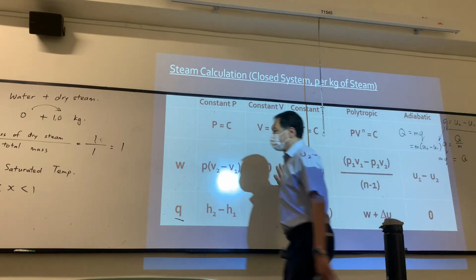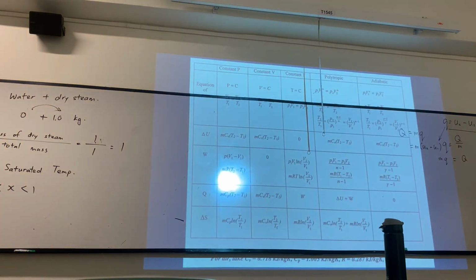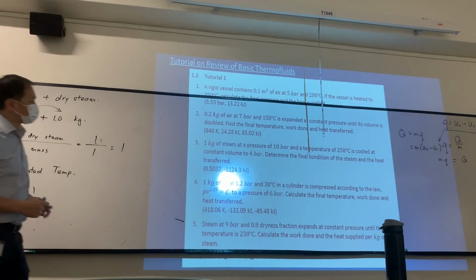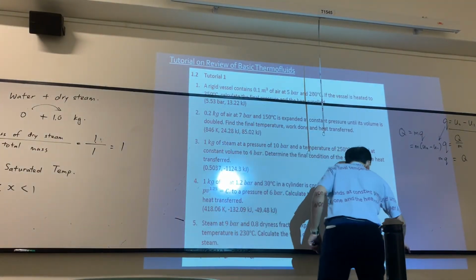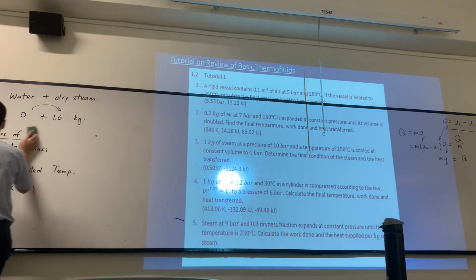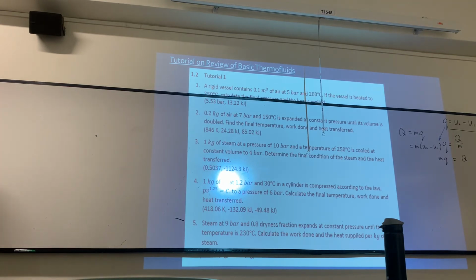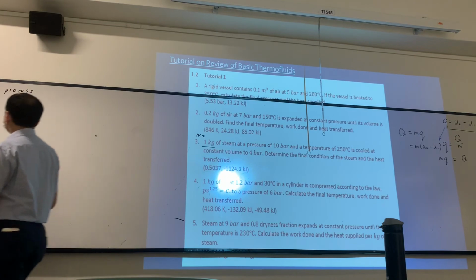This part we did already. So let's go back to the question and do the solution here. Question 3. This is a constant volume process. My mass is 1 kilogram. This is m, m equal to 1 kilogram.